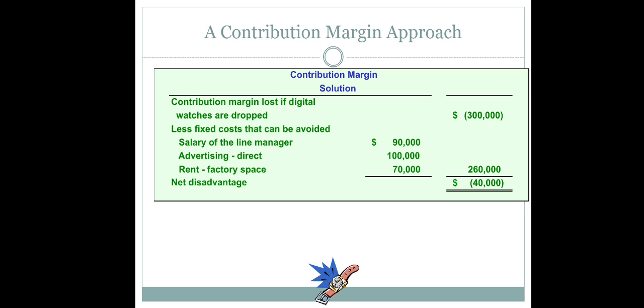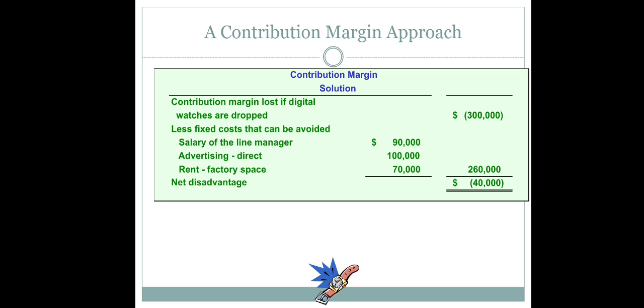The answer is no. The business should not close the digital watch segment because the saving in fixed cost is less compared to the loss in contribution margin. It is a net disadvantage.